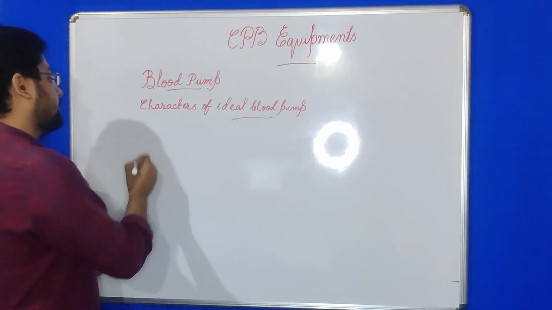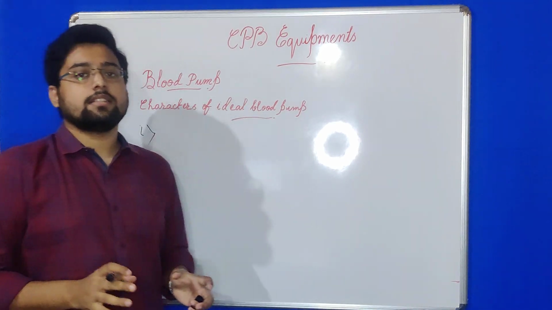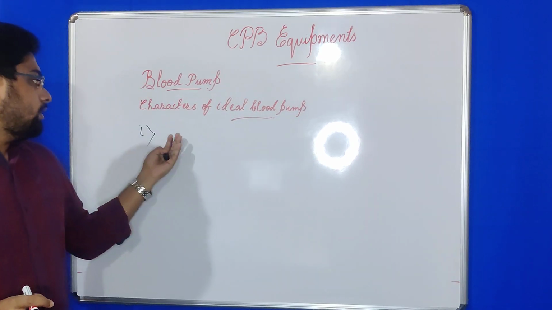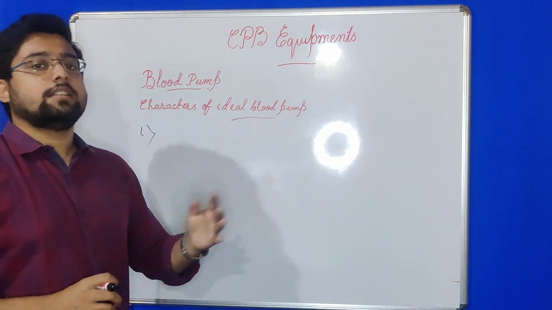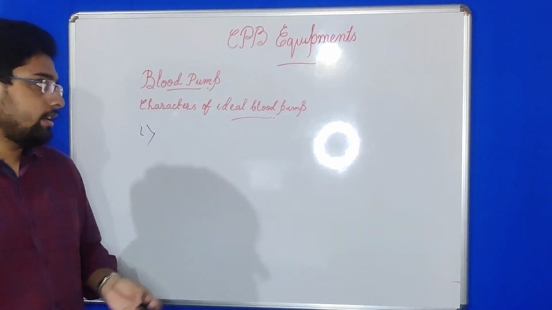It must be able to pump the blood against a significant pressure. Now, which pressure? Our systemic vascular resistance, against which our LV pumps the blood.